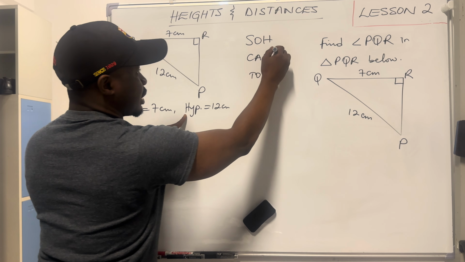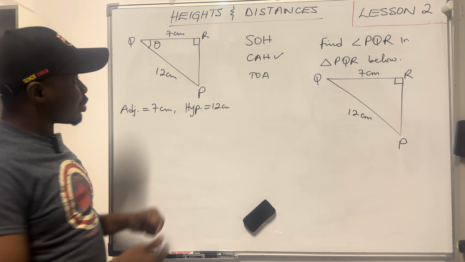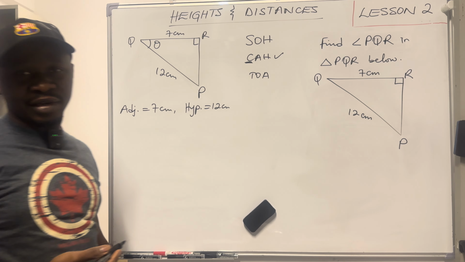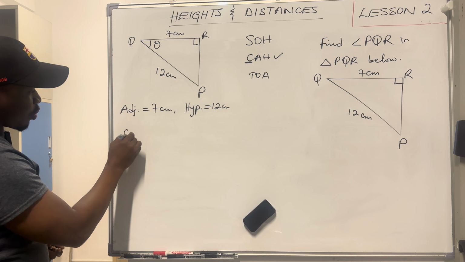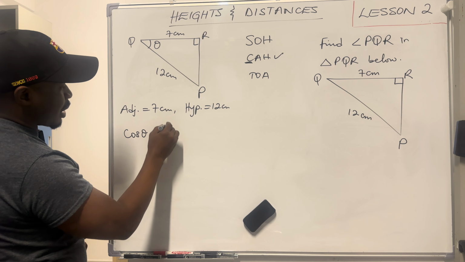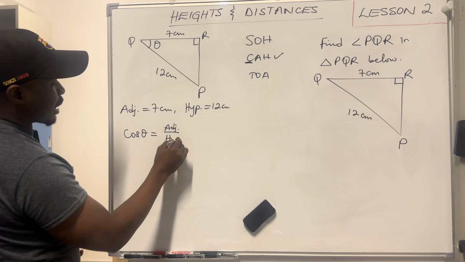This is AH, this is the one. So once this one ends with AH, it means we are using this ratio. Which one? Cosine. So generally, cosine of an angle is equal to the adjacent side over the hypotenuse side.